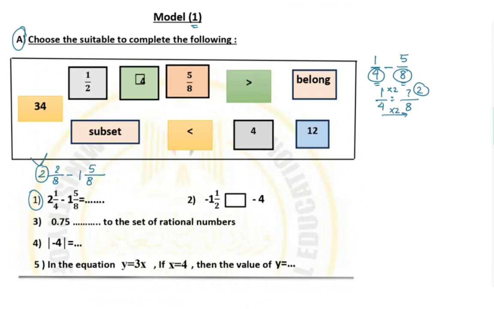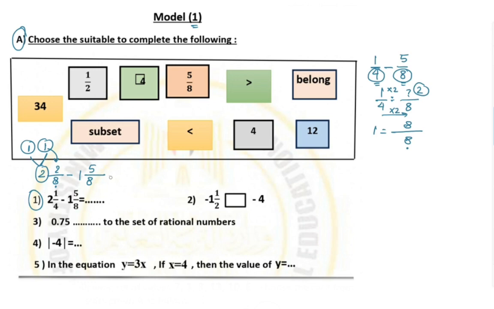This 2, I will split it into 1 and 1. Then add this 1 to 2 over 8. How? I will make 1 as 8 over 8. Why? Because here I have 8. Now, when you add this 8 over 8 to 2 over 8, it will be 10 over 8.